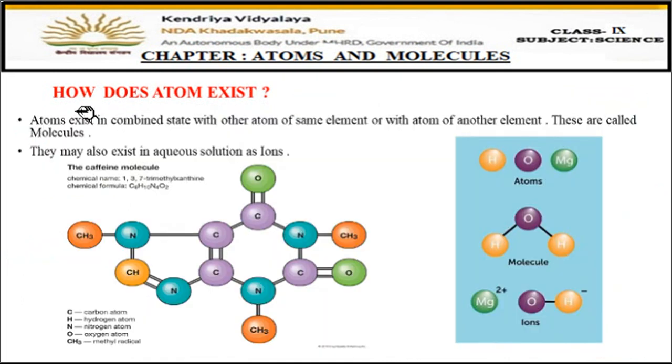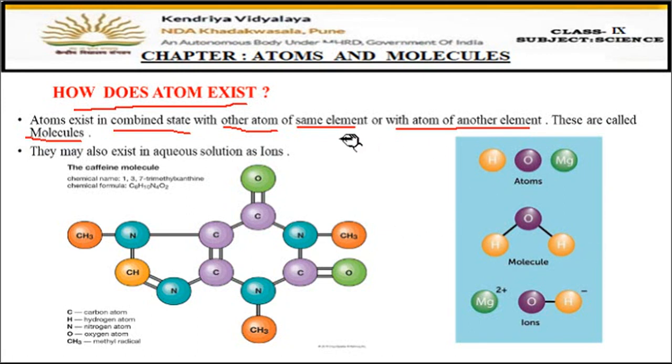Then next is, how do atoms exist? Okay, so atoms exist either in the combined state with another atom of the same element or with the atom of another element. Okay, and when they combine they form molecules. In one of the previous slides I have shown you the molecule of an element and the molecule of a compound.